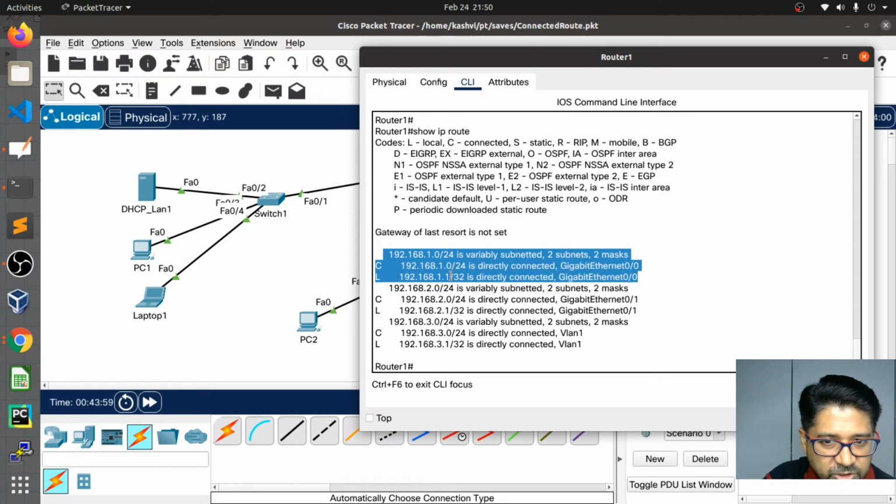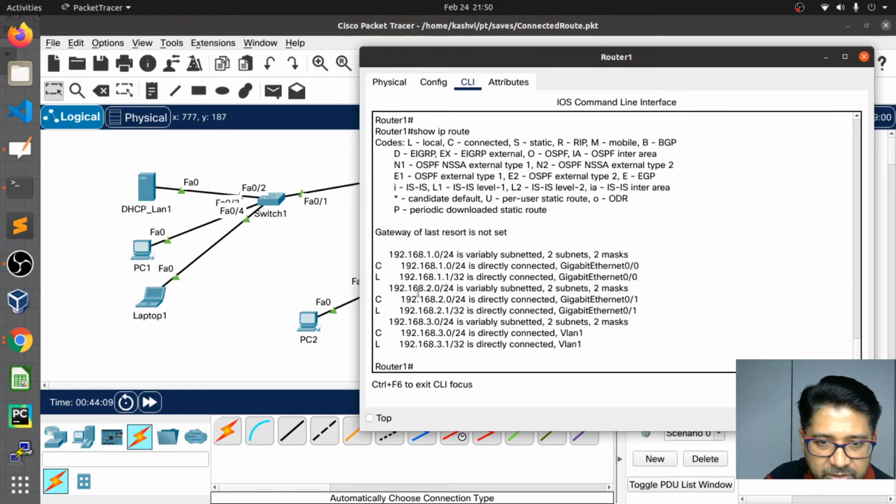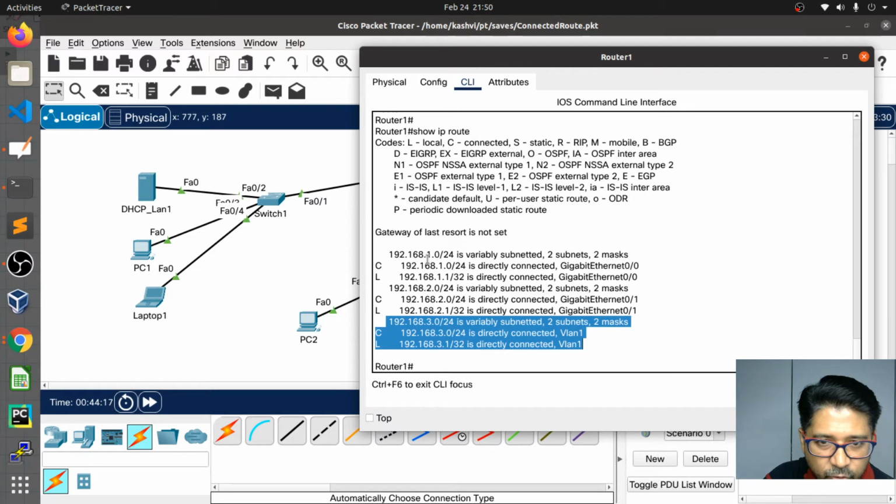Two lines are a description of the family, with two masks: /32 is the link local and /24 is the entire family. Same way for the second LAN, followed by the third LAN. So we have dot one for the first LAN, dot two for the second LAN, and dot three.